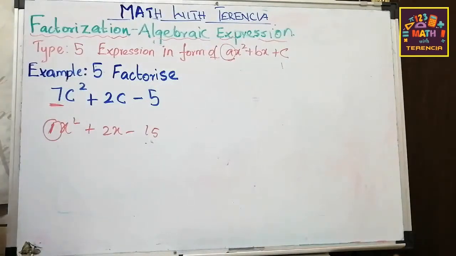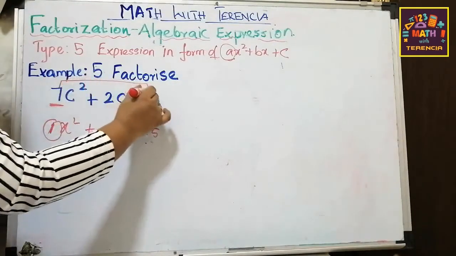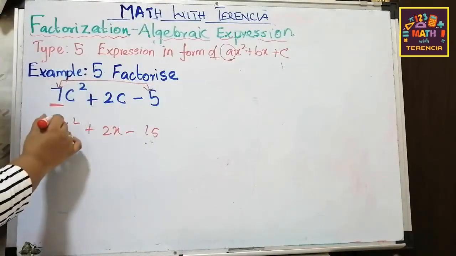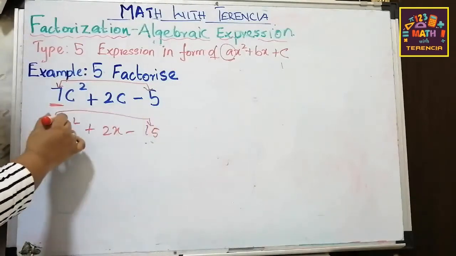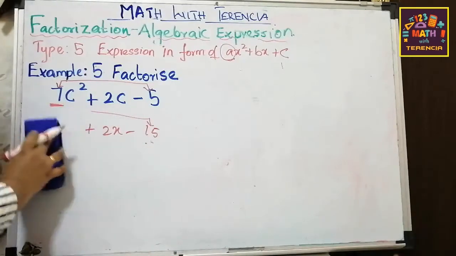Okay, so you don't need to worry. It is not going to be a big process. You just need to multiply this coefficient with the last term. Here also the same thing, but as we have 1 here, 15 times 1 is 15, so it doesn't make a difference.